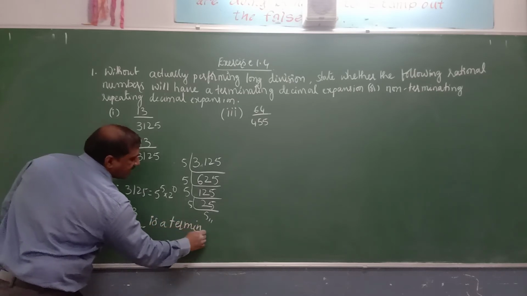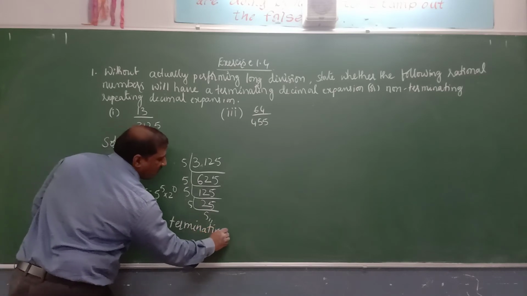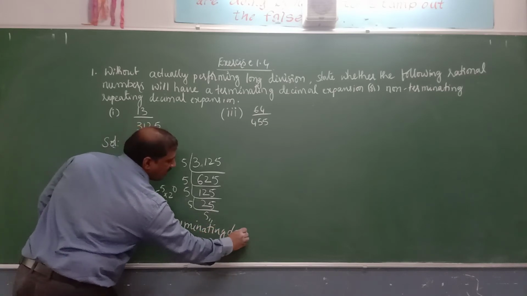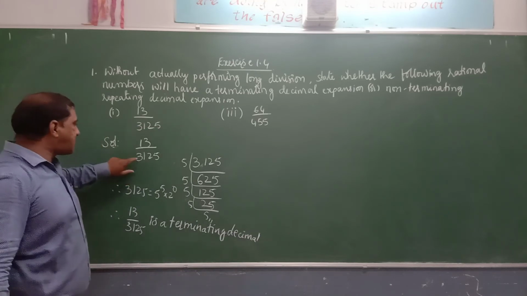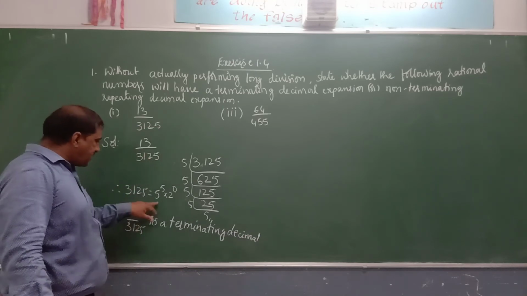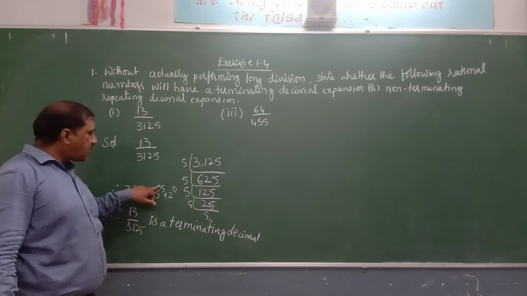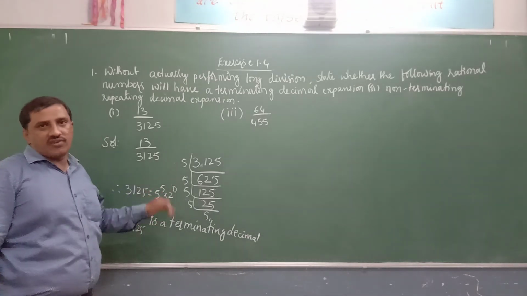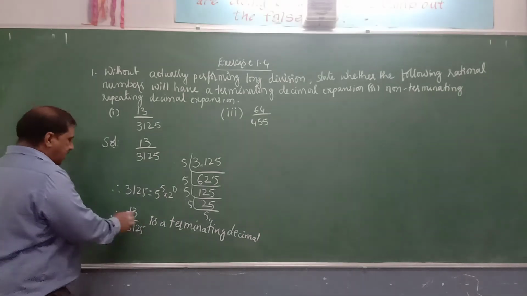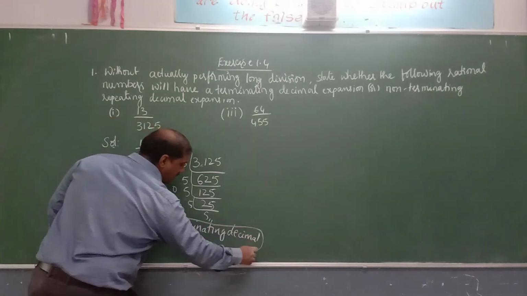Why is it a terminating decimal? Because the denominator q, that is 3125, is in the form of 5 to the power of m into 2 to the power of n, or 2 to the power of n into 5 to the power of m. Therefore, it is a terminating decimal.